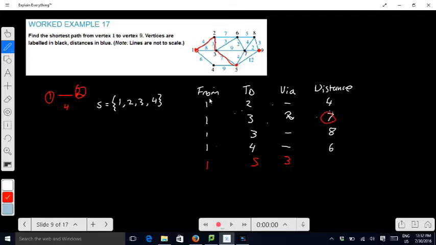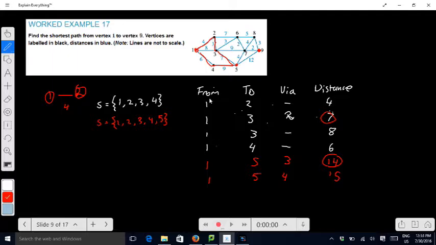So we went 1, 2, 3, and then to 5. So 7 and 7 make 14. I can go from 1 to 5 via 4. 6 and 9 is 15. So it's actually better to go this way here. So now my S is 1, 2, 3, 4, and 5.